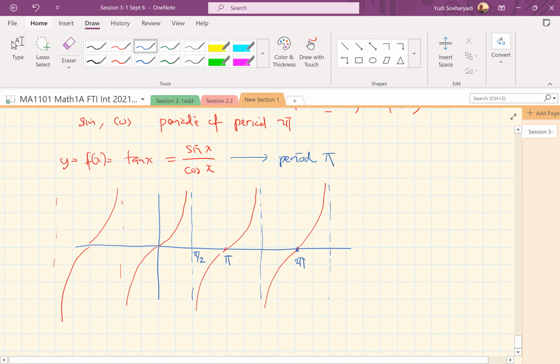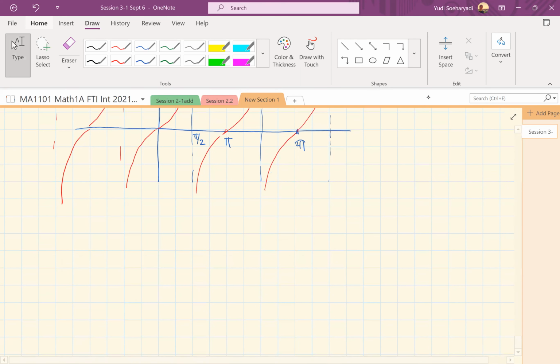And let's just draw this sine and cosine.